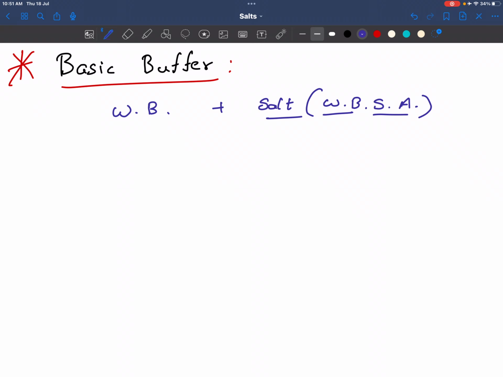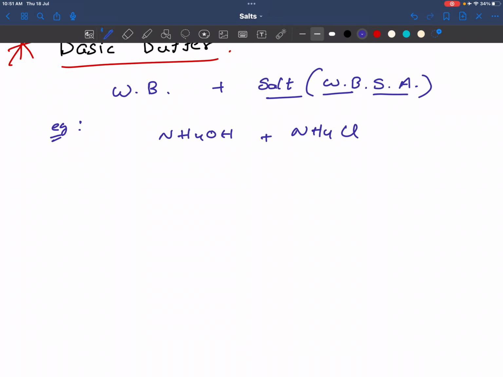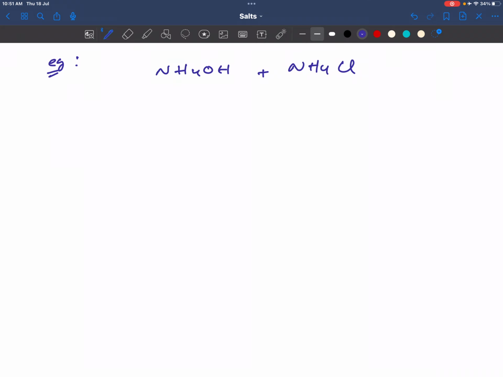Now, example is NH4OH plus NH4Cl. This is the best example possible, and generally most of the times ఈ ఎగ్జాంపుల్నే వాడతారు బేసిక్ బఫర్గా.